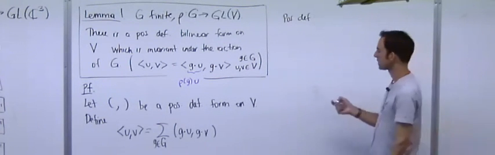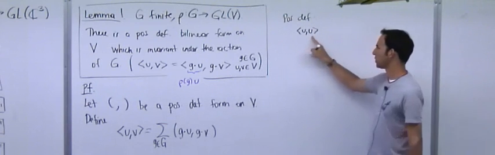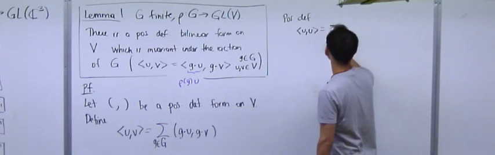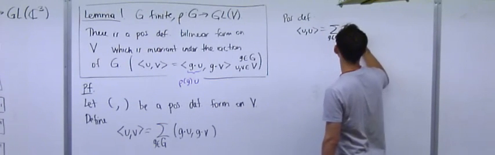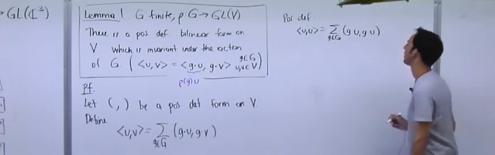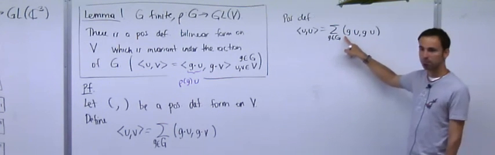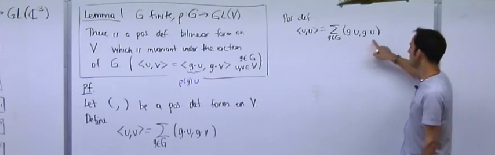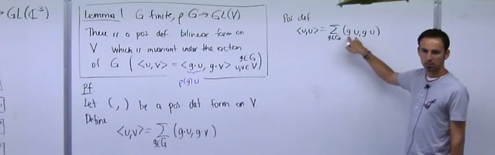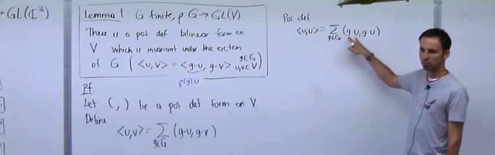Well, that's easy because to check whether you're positive definite, you have to prove that this is positive if U is not 0. But by definition, this is equal to this. Right? And we know that this one is positive definite. Okay? And so this will be non-zero if G acting on U is not 0. So the question becomes, is GU 0?